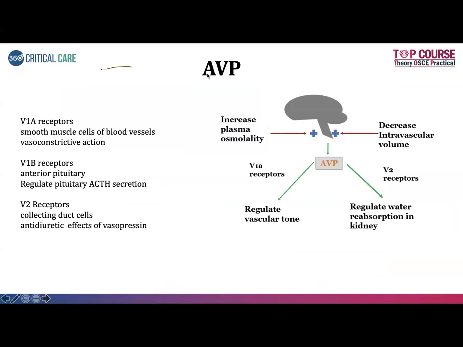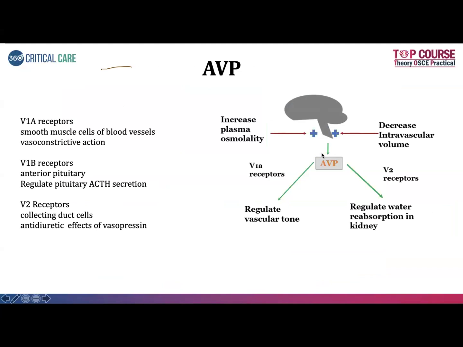So AVP, arginine vasopressin, the receptors V1A, B and 2. V1A is in smooth muscles of blood vessels, vasoconstrictive action. V1B, anterior pituitary, regulates ACTH secretion. V2, collecting ducts, so it acts as antidiuretic.